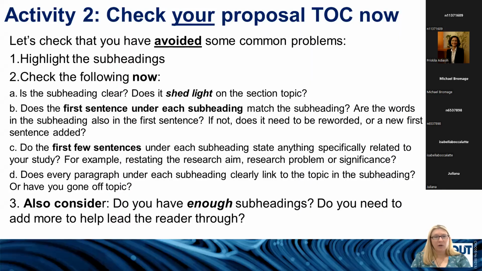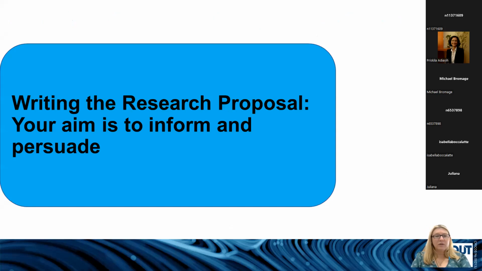Okay, we're going to keep going now. So when you're writing your research proposal, you are informing and persuading. What are you informing about? Basically everything. Okay. The research background, the topic, the significance, the research problem, everything.